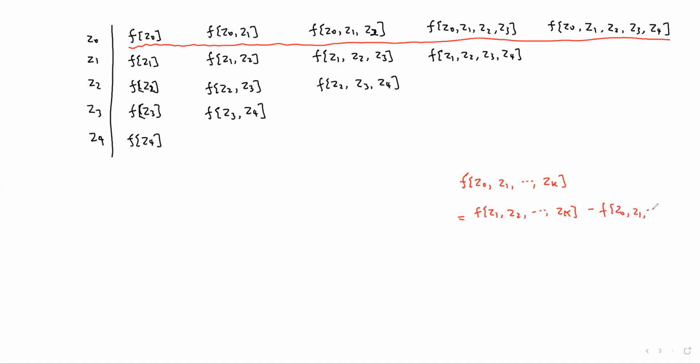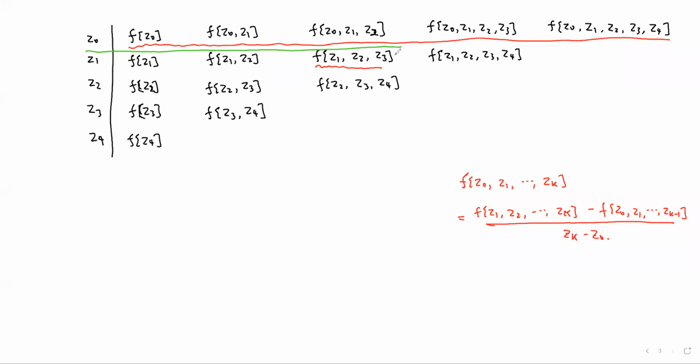The divided difference at C1 to Ck, minus the divided difference at C0 to Ck minus 1, over Ck minus C0. Say for example, if I want to compute this entry, let me draw a triangle starting from this entry.